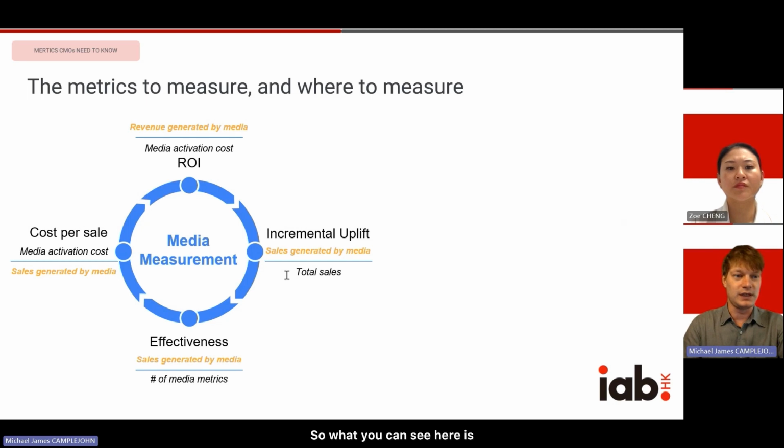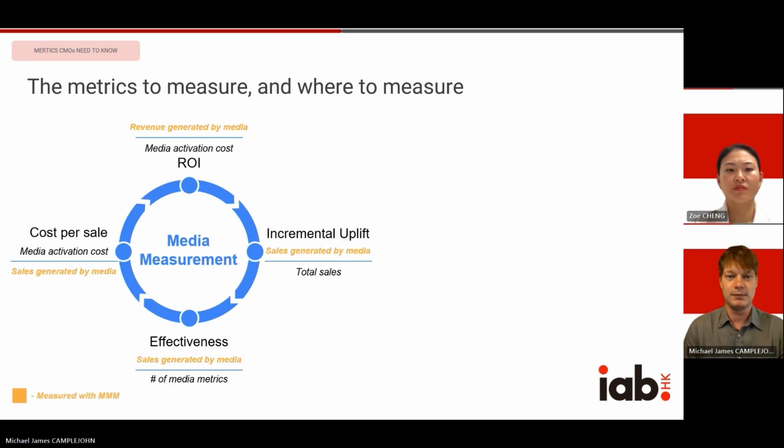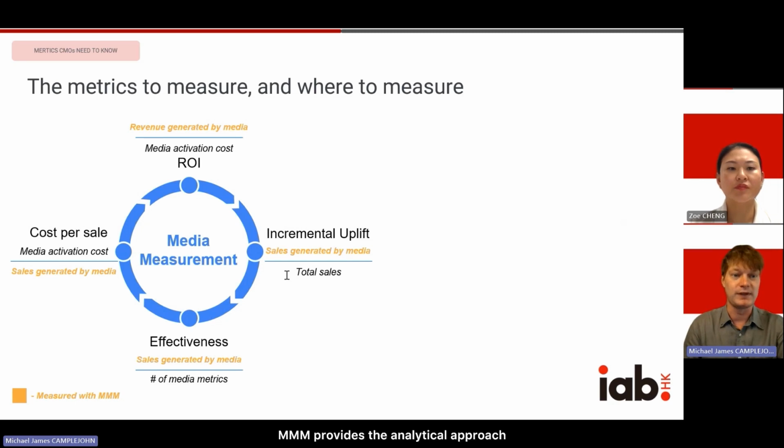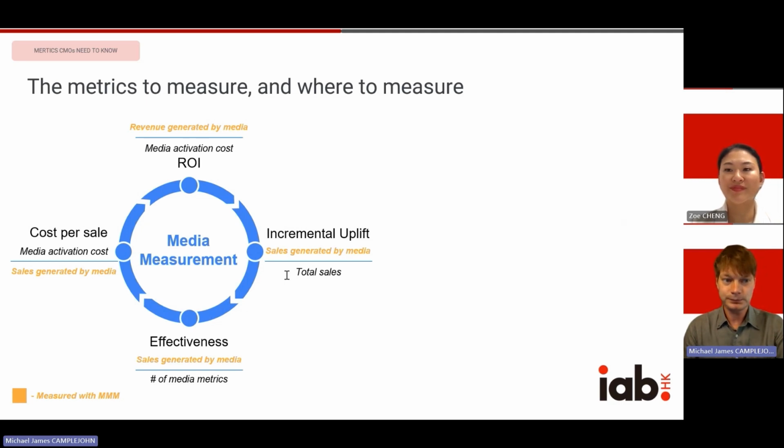So what you can see here is that these metrics that are in yellow, we need to find a way to actually measure, and this comes from implementing MMM. MMM provides the analytical approach that makes it possible to quantify these KPIs, and we'll talk about this in a minute.